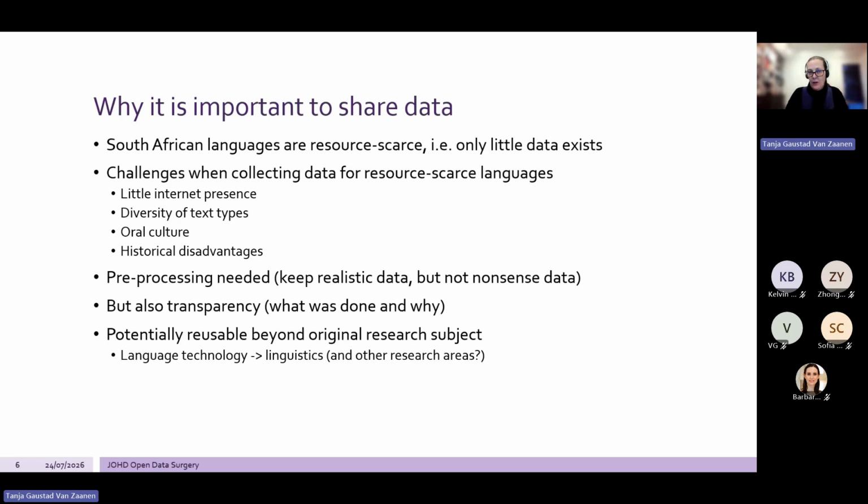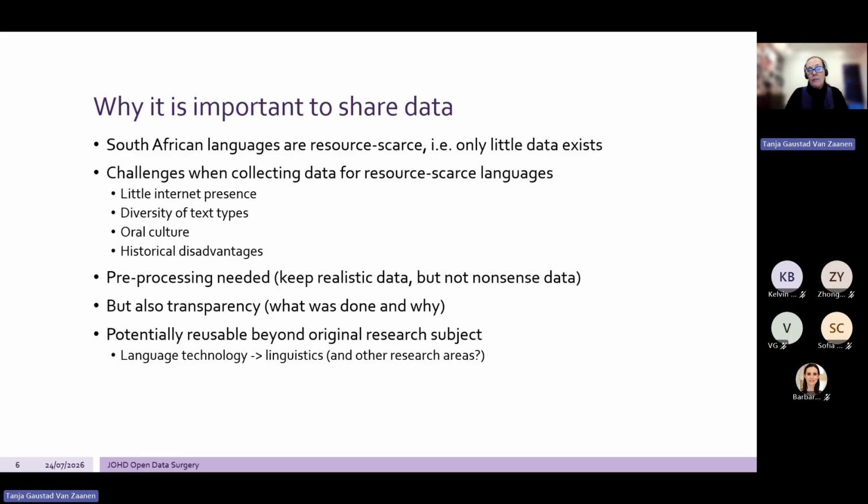Unfortunately for South African languages, there's copyright issues, so we can't just collect them and use them. Another thing is that a lot of the languages here have more of an oral culture. So a lot of the stories, like children's stories, for instance, would not be written down, but would be passed down orally.